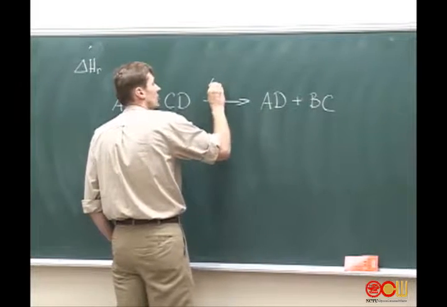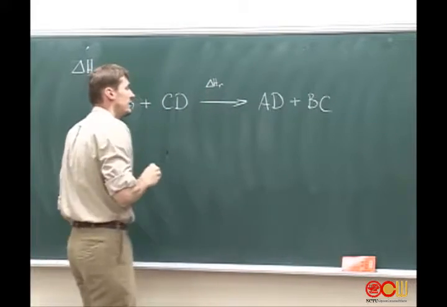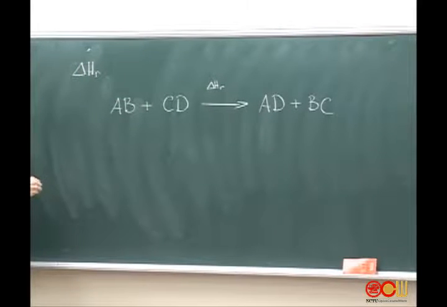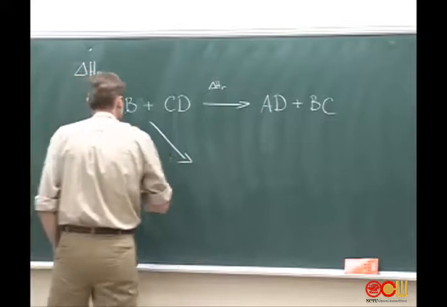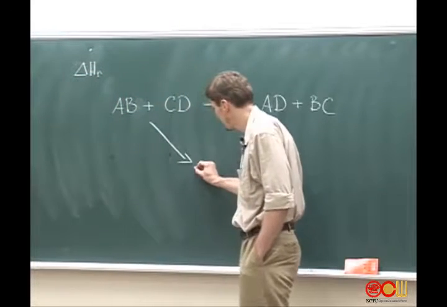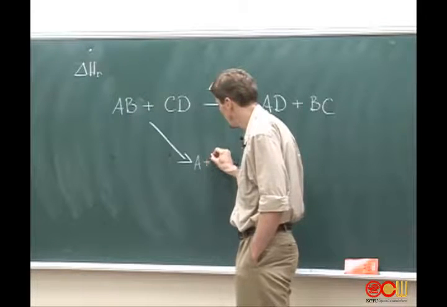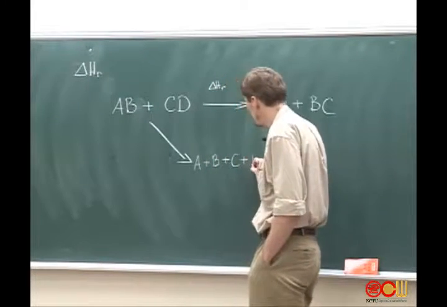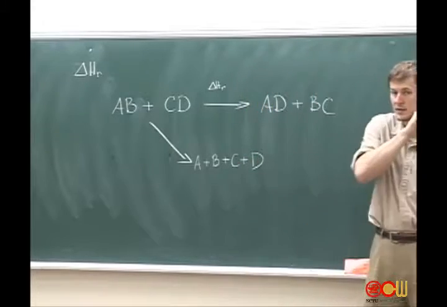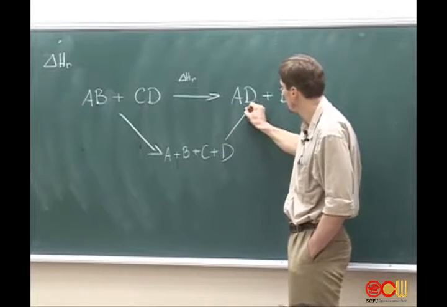And we want to calculate this enthalpy of reaction. How to do this? Very simple. First thing, you just do one additional step. In this one additional step, you just get A plus B plus C plus D. And in the second step, you just make this.